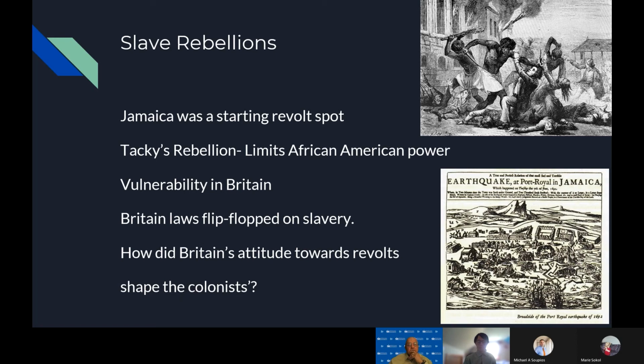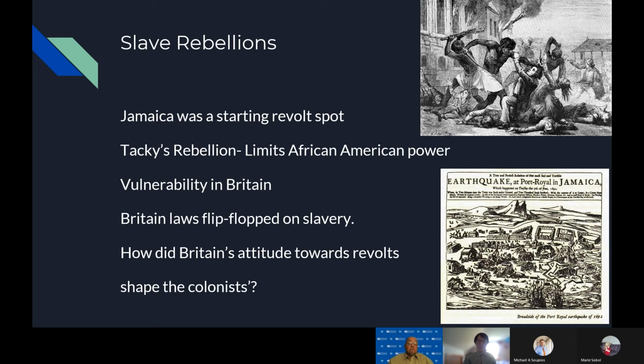And Tacky, who is a person, led this group of Africans, and they actually took over a few plantations, a few shops, and then the British sent over militia and sort of had them stifled and put down. The rebellion didn't last a few weeks, it lasted a few years. It inspired future rebellions, and it inspired the British to limit African American power.